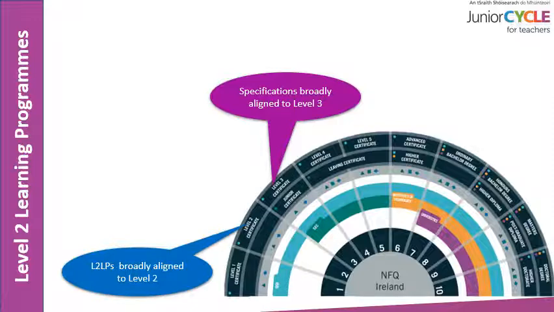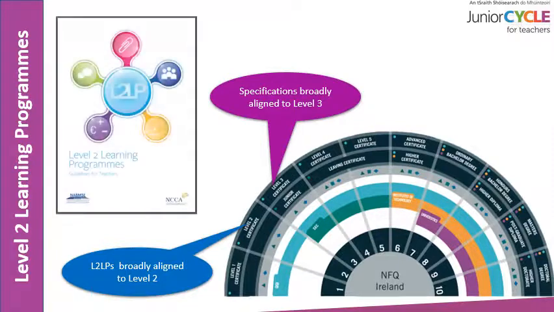L2LPs are designed for a small number of junior cycle students where the difficulties or needs of those students prevent them from taking part in some or all of the subjects or short courses on offer at Level 3. More information can be found in the L2LP guidelines as well as on the L2LP section of jct.ie.